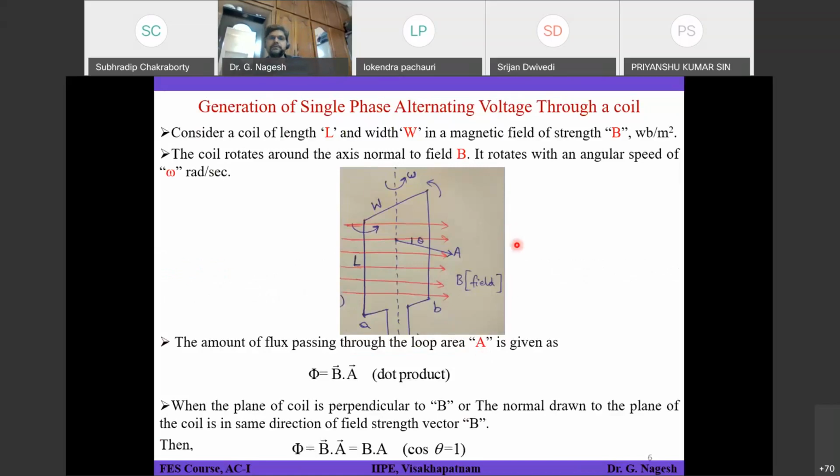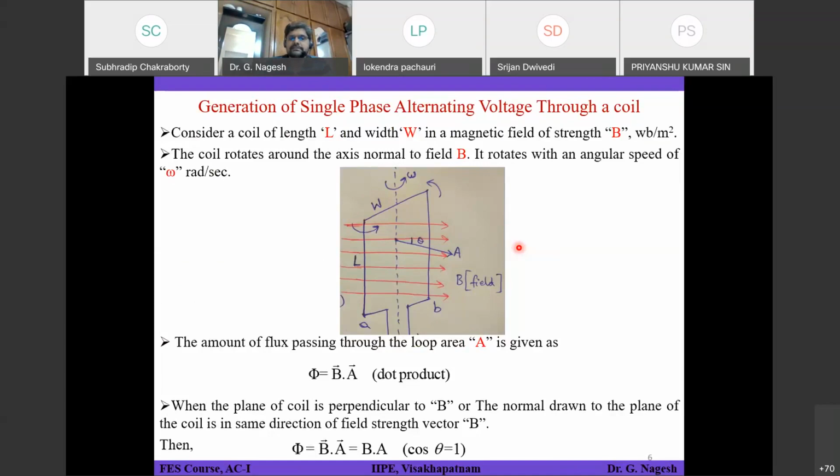So now, having this basic idea regarding Faraday's laws, we will see how a single phase AC voltage is generated. This is some basic explanation of how the voltage is generated. In a generator, the concept is the same, but it will be a little bit different. A generator is one which will generate voltage, right?